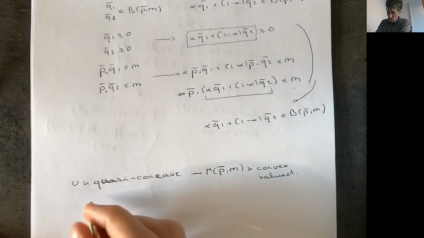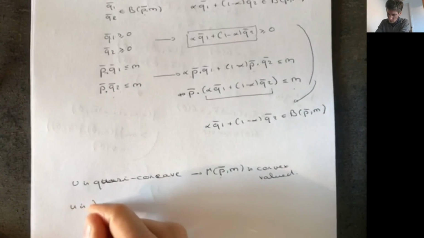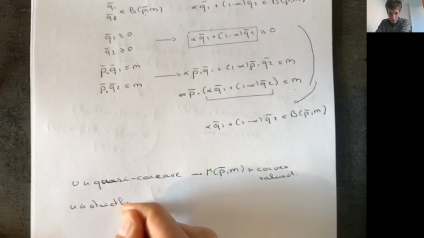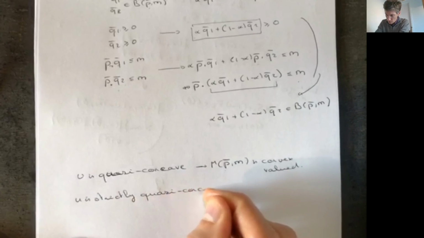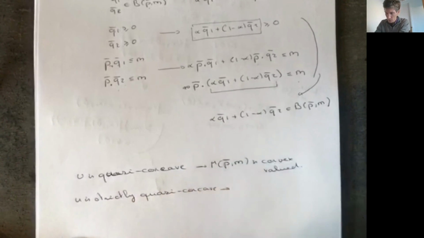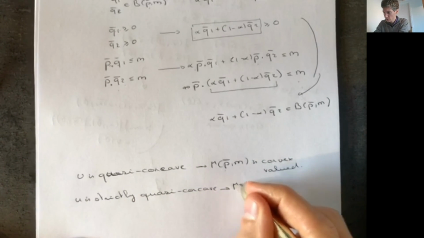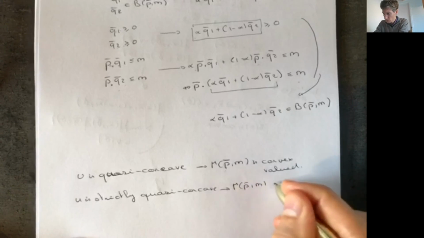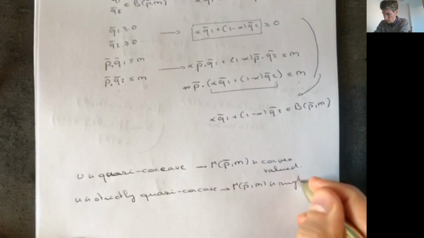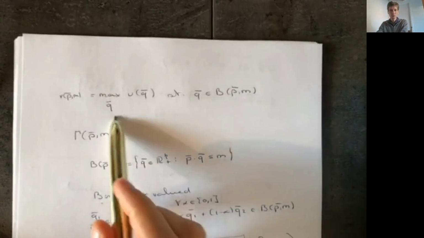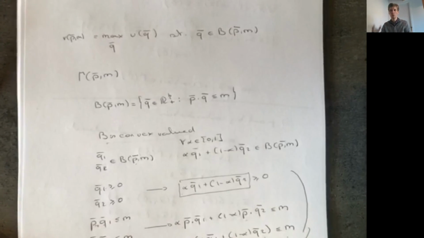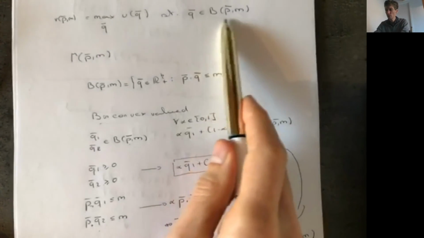Okay, and then if u is strictly quasi-concave, well, from this it follows that gamma(p,m) is single valued. So in a sense, if I solve this utility maximizing problem, I will only have a unique optimal solution, right? There's only one q that solves my problem for every p and m.